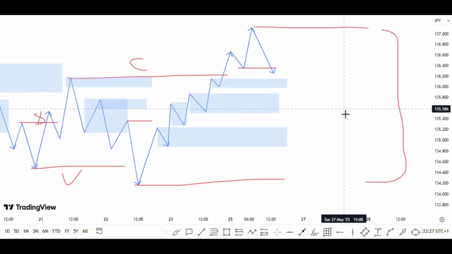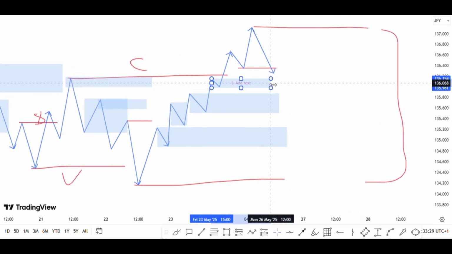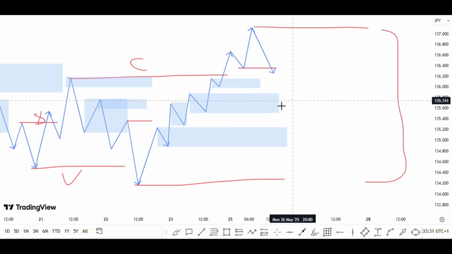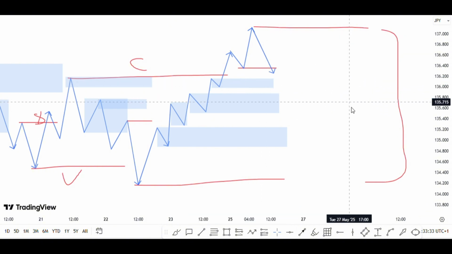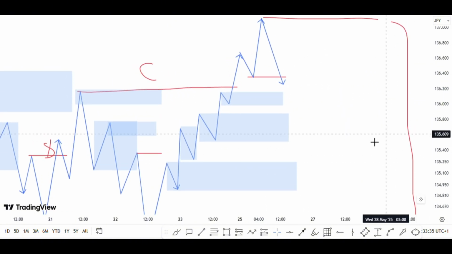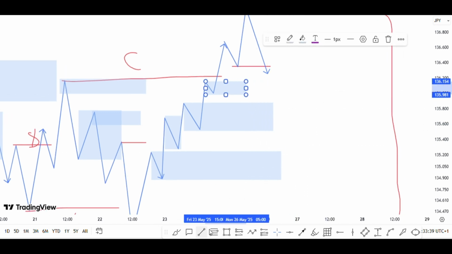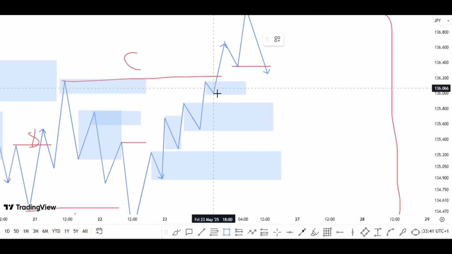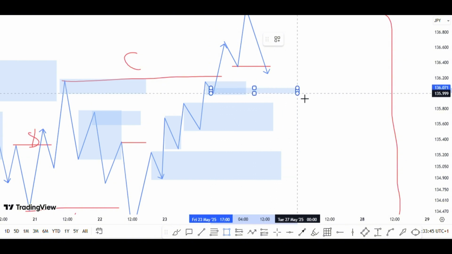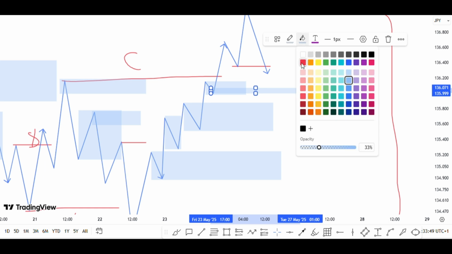So now looking at the inducement and also looking for the order block. So in this level now, in this first inducement, we can also identify our order block. Let's say we have this last selling candle before the buy as our refined order block. Let me put it red.